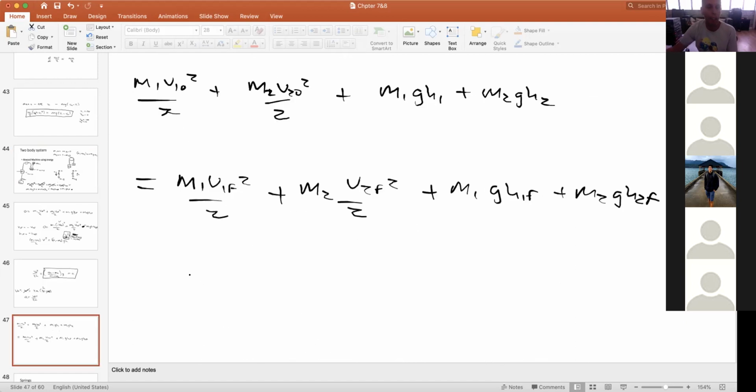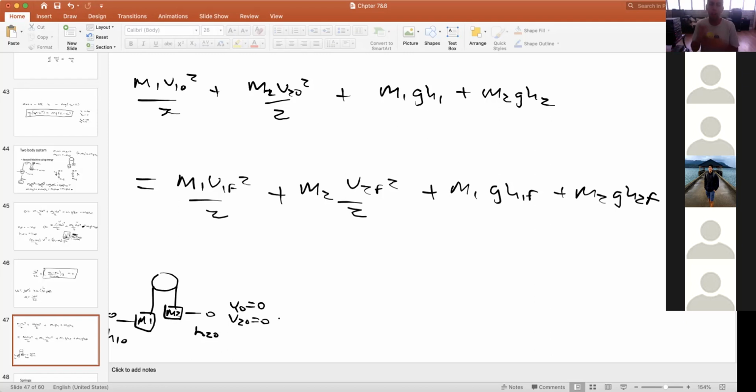So we said that originally, it was hanging at 0, and this is 0. So H2 initial is 0 and H1 initial are 0. Their initial velocity is 0, right? Because it hasn't started moving.